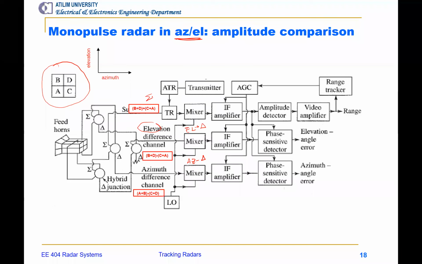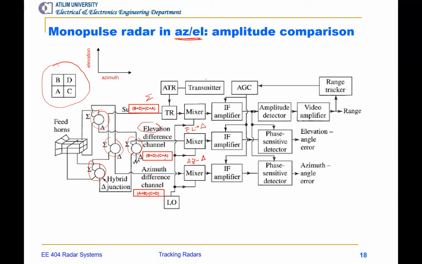In that case, we have four hybrid junctions, as you can see, and the sum channel will simply give the sum of all signals coming from the four antennas.